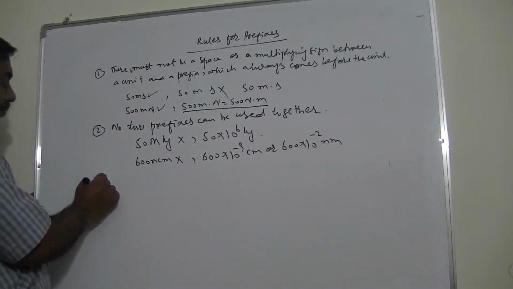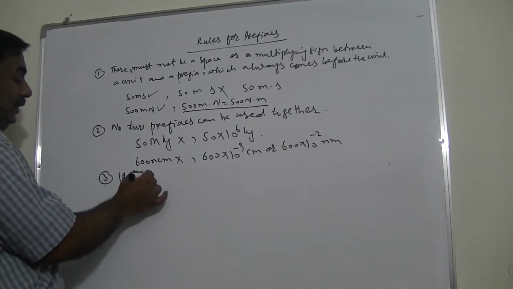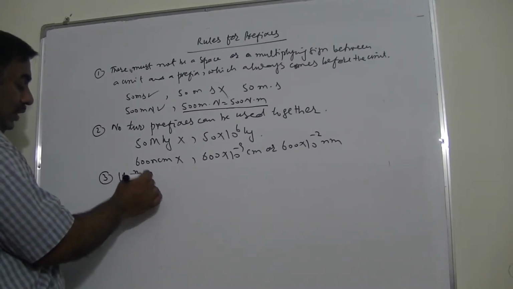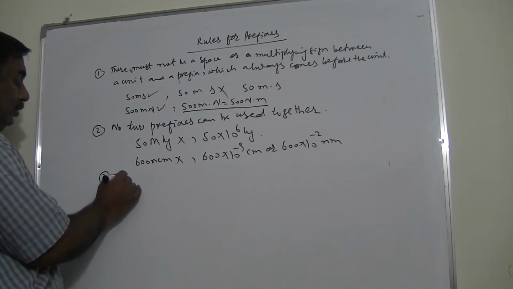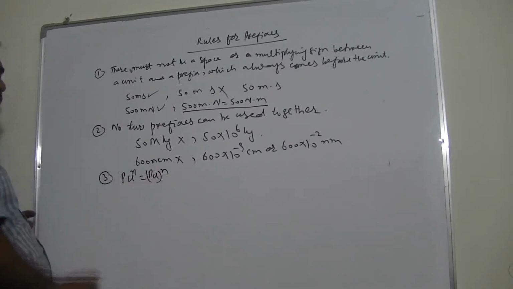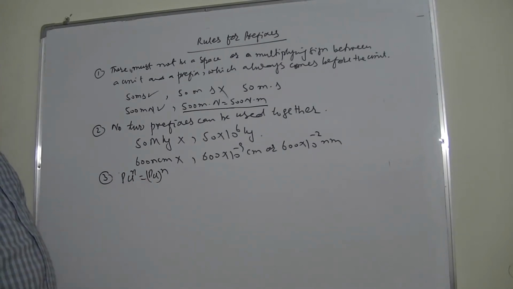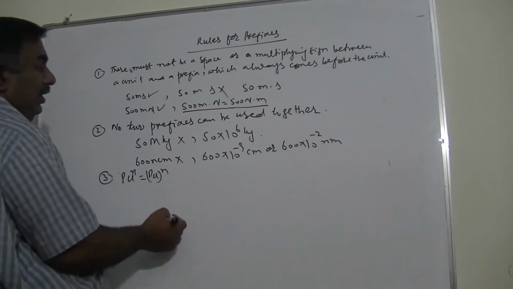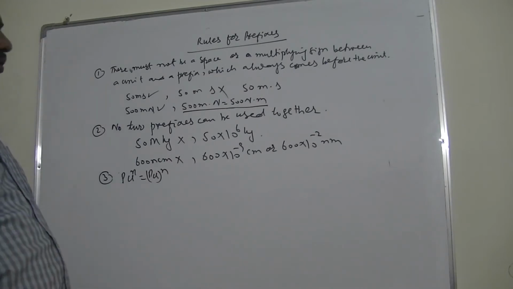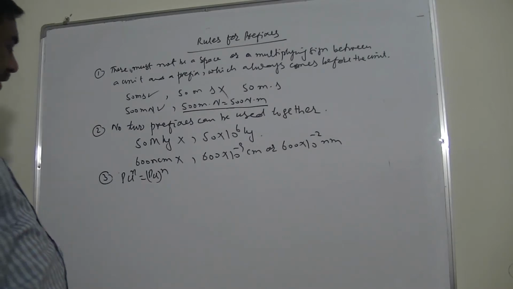Rule number 3 is very important. It states that (Pu) whole power n, it means when the power is on the unit, it is still to be understood as on the prefix also. It's a very useful rule for changing things into proper SI units.